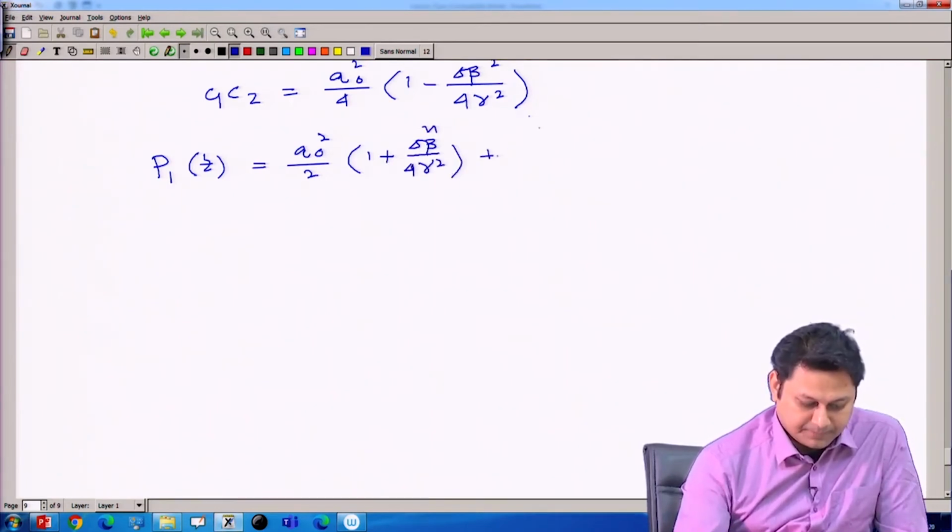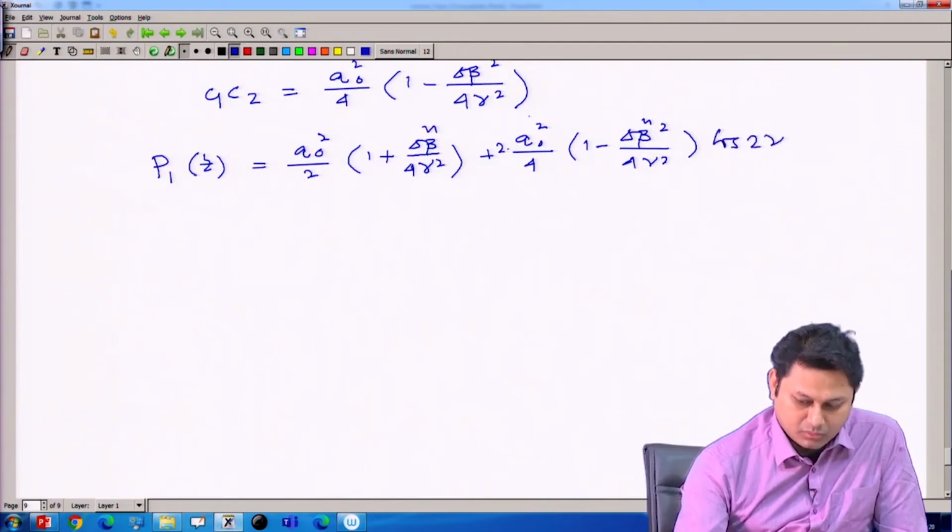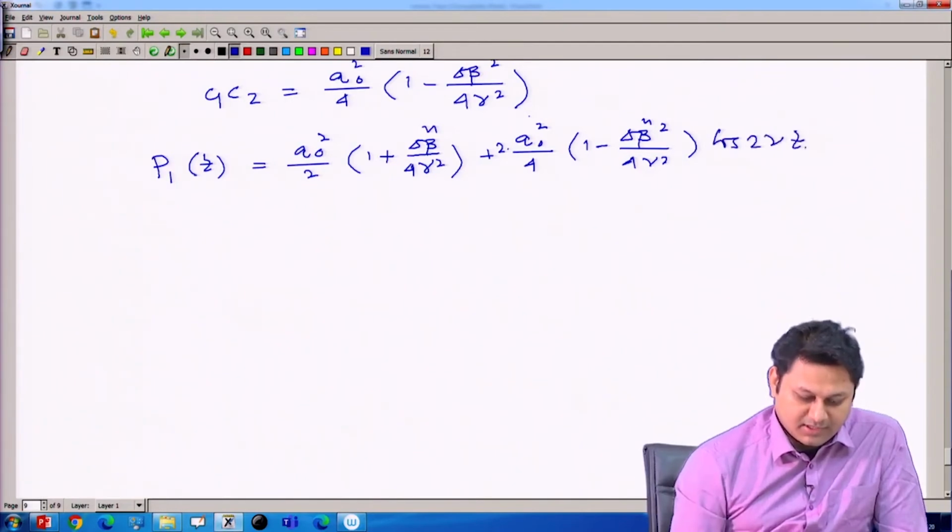then plus A square divided by 4 multiplied by, because it is a 2 term associated with this 2 C1 C2, this delta beta tilde square divided by 4 gamma square and then cos of 2 gamma z.